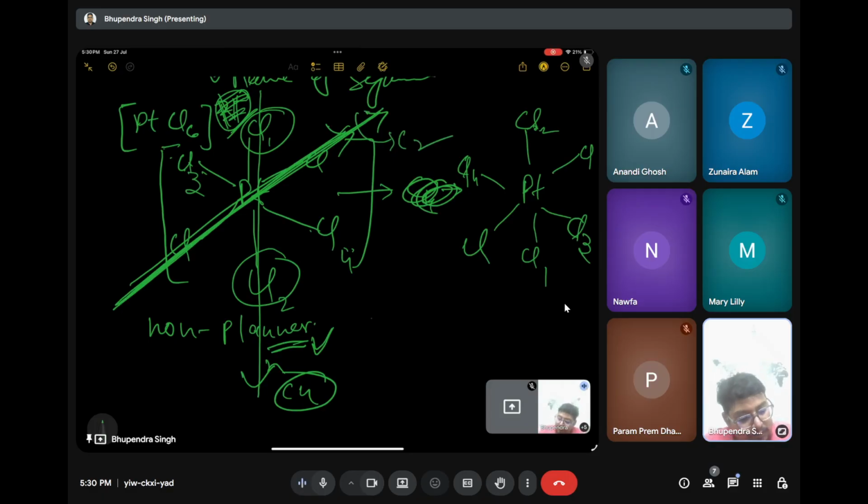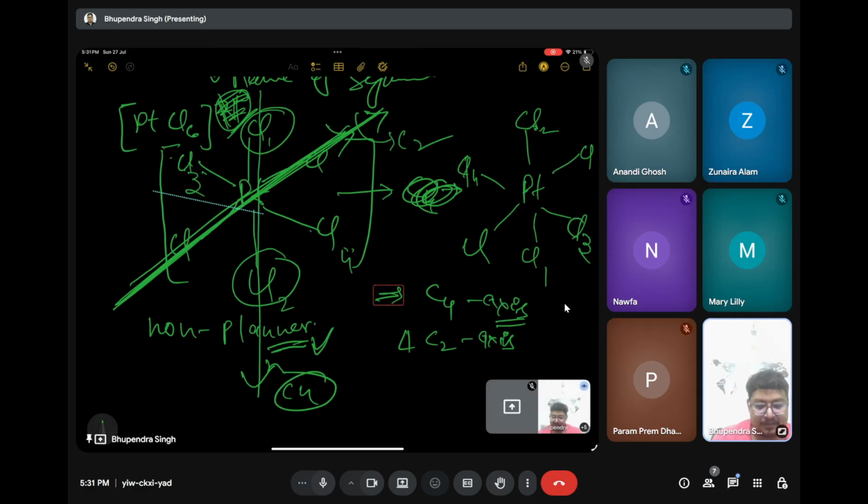So according to our trick, if you remember, if we find that this C4 axis is present and one C2 is present, it means that we have four C2 axes in this also.